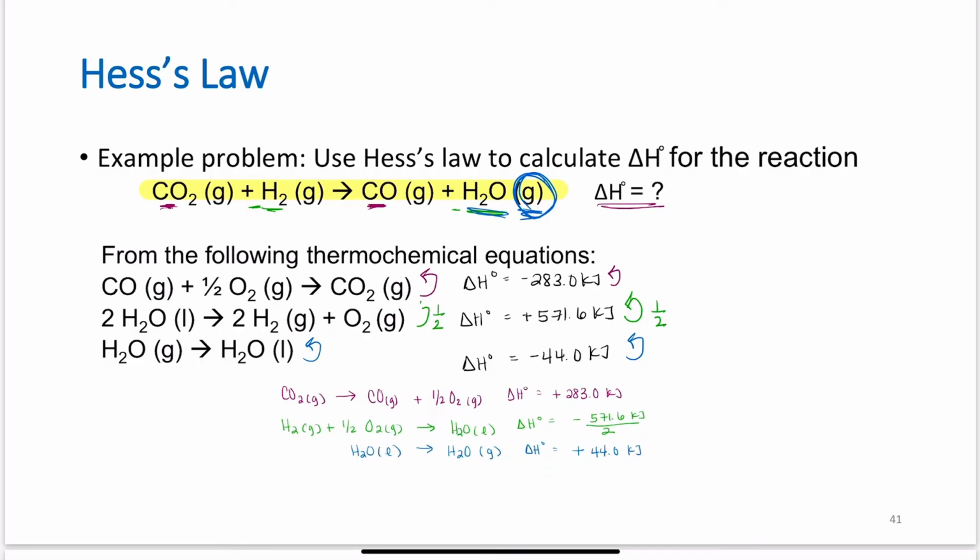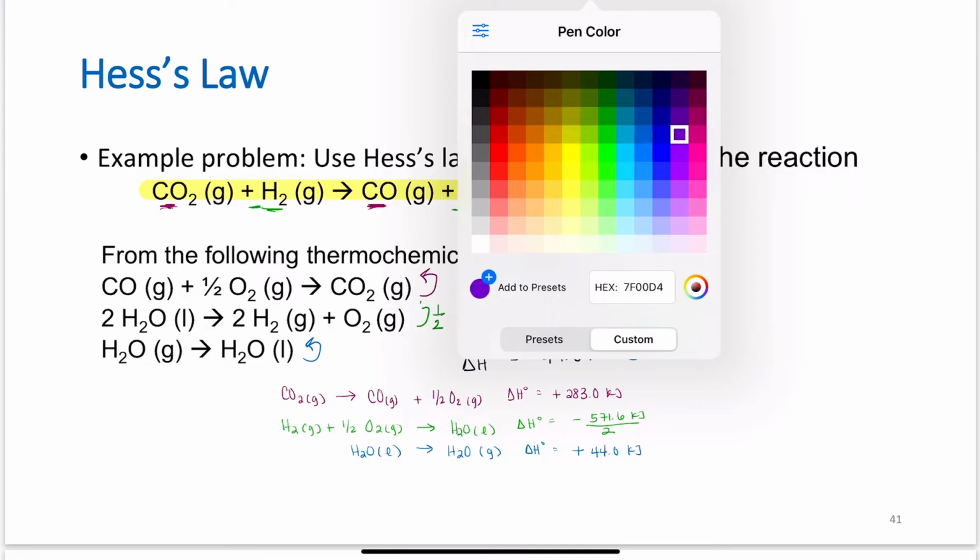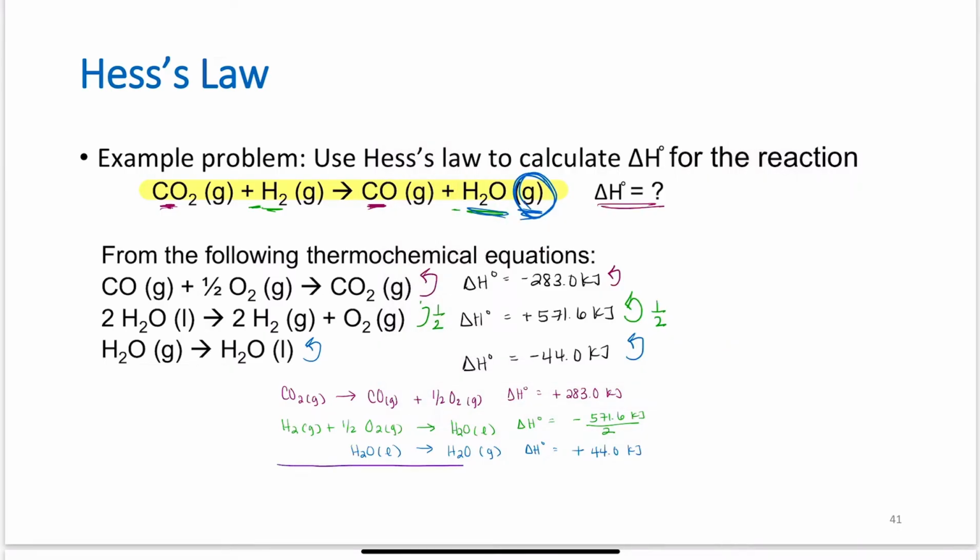Okay, what I want you to do now is add up these equations. But when you add these up, I want you to look for commonalities and see if there's anything on the reactant side and product side that can cancel out. I've got CO2, and I don't have CO2 anywhere else. So I know I've got 1 mole of CO2 gas. That also matches here, so we're good there.